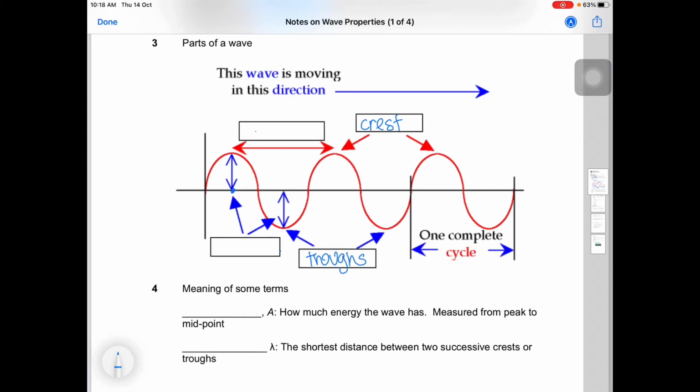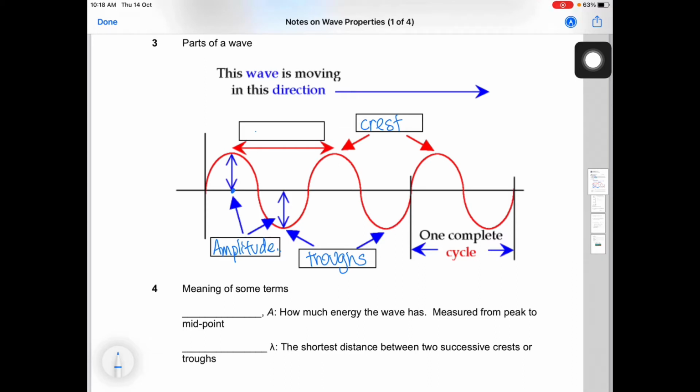You should know also that the height of the wave, from the rest position all the way to the top of the wave, is called the amplitude. You can measure the amplitude from the rest position to the maximum height, or from the rest position to its minimum height. It should be the same in most cases.